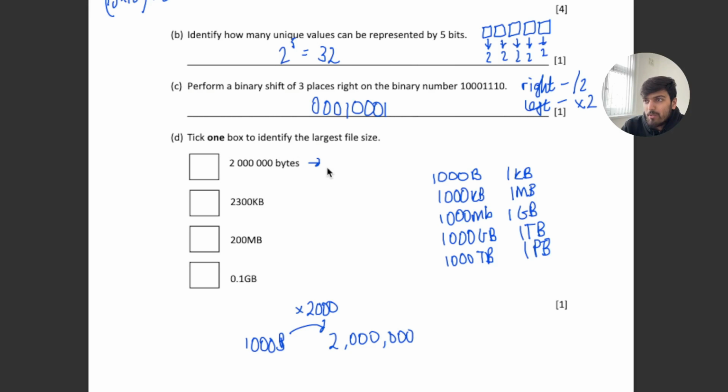So if we do that, we should get 2000 kilobytes, which is clearly less than 230. And now, how do you go from kilobytes to megabytes? Well, you basically divide by 1000, which you get 2 megabytes.